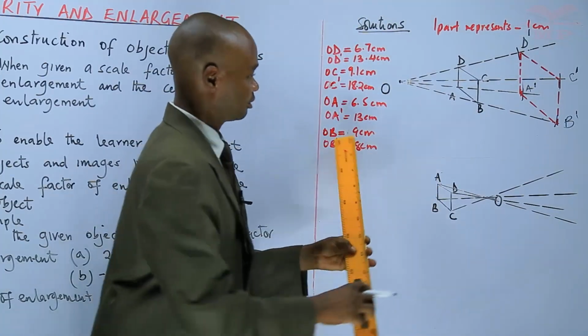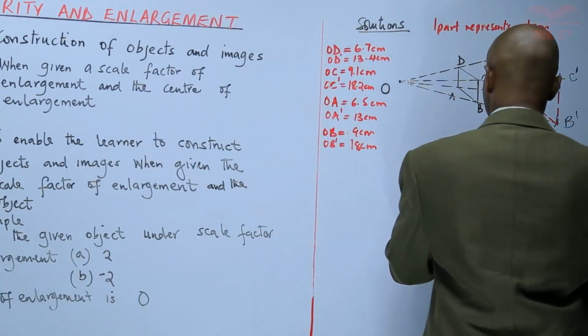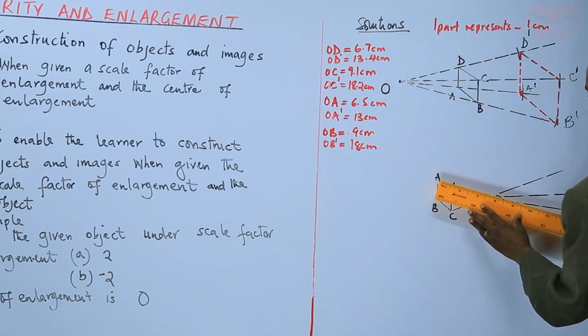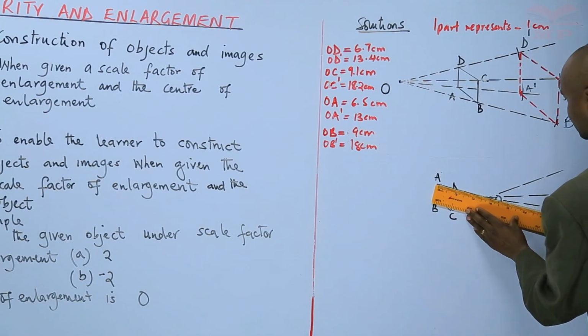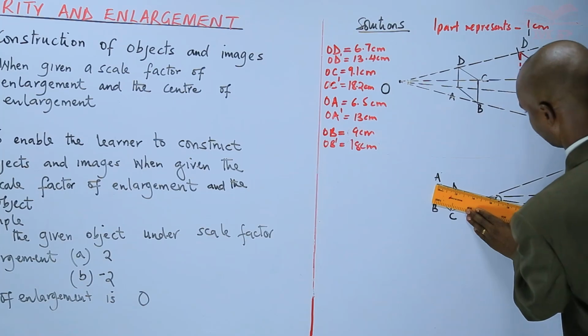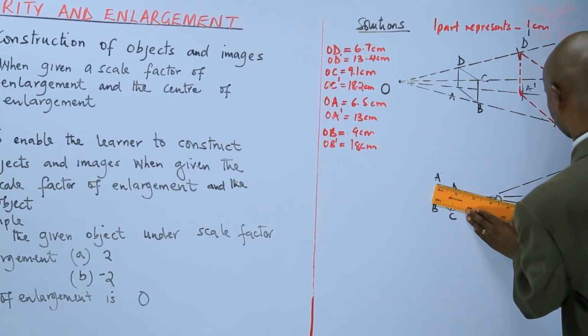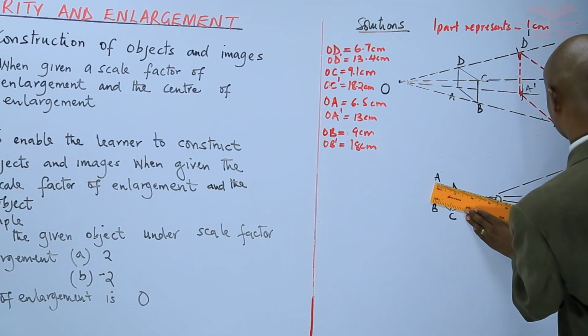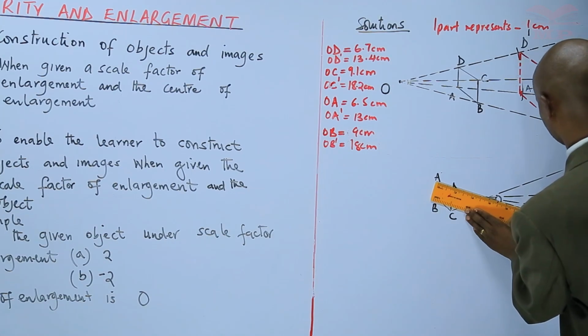If you measure OA, for example, OA to the center of enlargement is 5.6. So this will be 11.2.